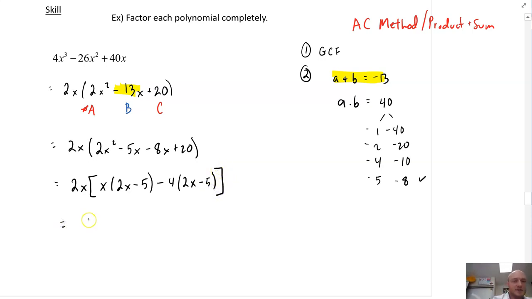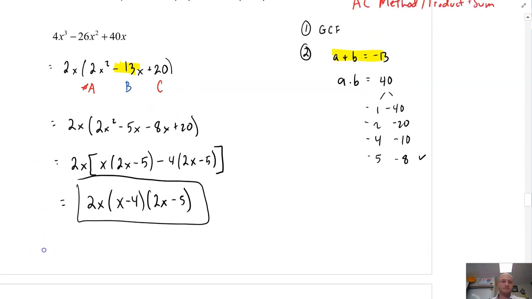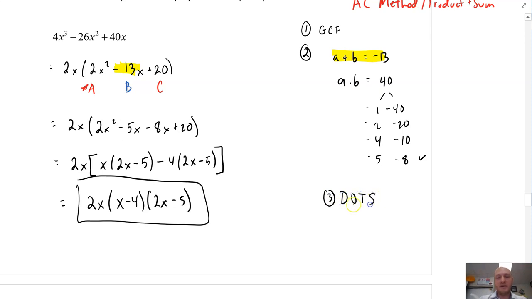So then we get 2x times x minus 4 times 2x minus 5, and we are done. Again, step 3, I shouldn't rush past this. Do we have any difference of 2 squares? The answer is no, none. So we are done. That is it for those examples.